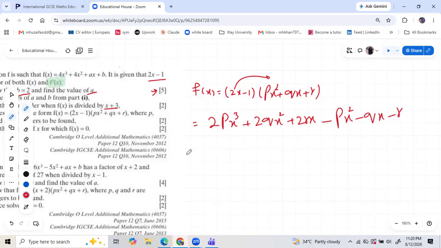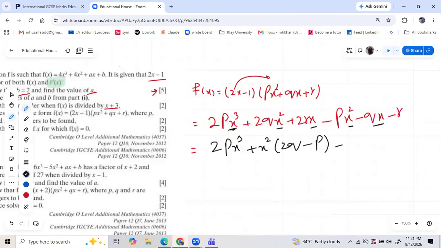So if we rearrange it, x cube is a single term, so this is as it is. This is x square, this is also x square, so we take x square as common, so this is 2q minus p, and this is x term, so we are taking x as common, so this is 2 of r minus q, this is minus of r.